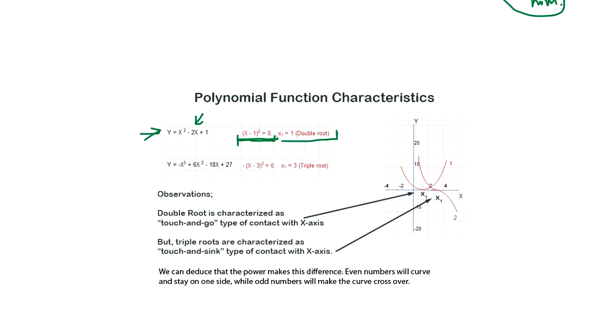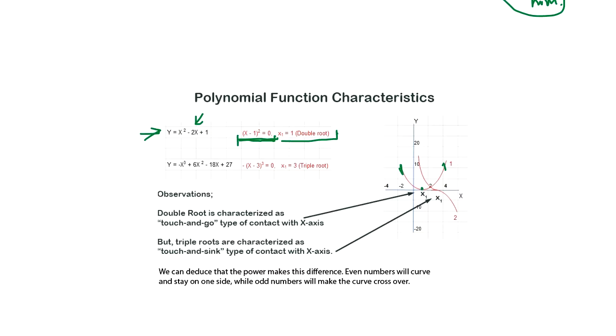So it looks like this, and it's touch and go, right? So this double root is characterized as a touch and go type of contact with x.